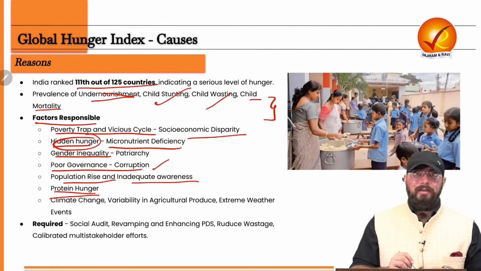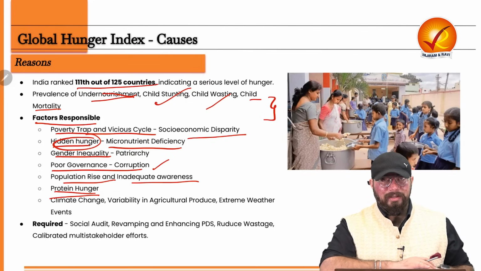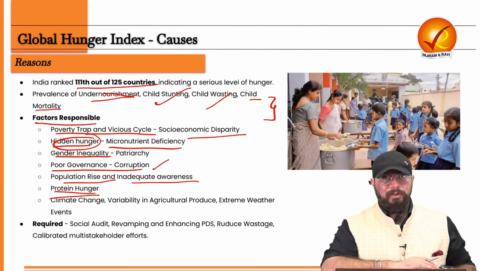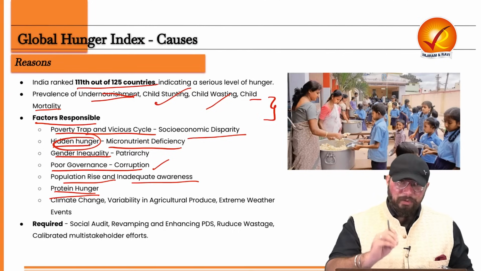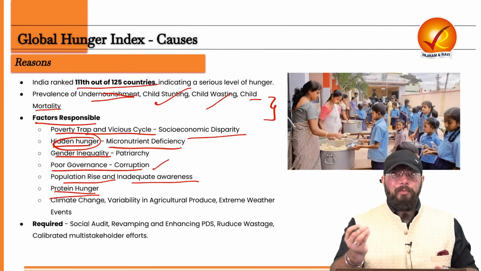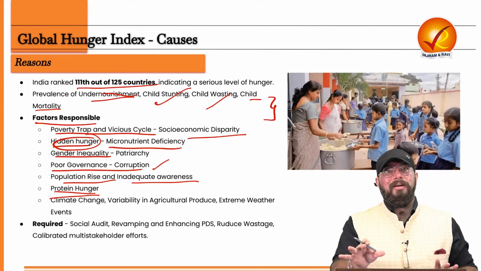Protein hunger. Now, specifically related to protein, which we usually get from pulses, right? That hunger is also prevalent in our country. A protein-rich diet should be there in our country. I mean, a protein-rich diet is of course there, but it is not that prevalent.